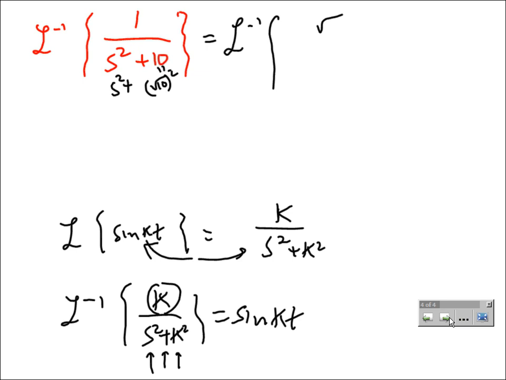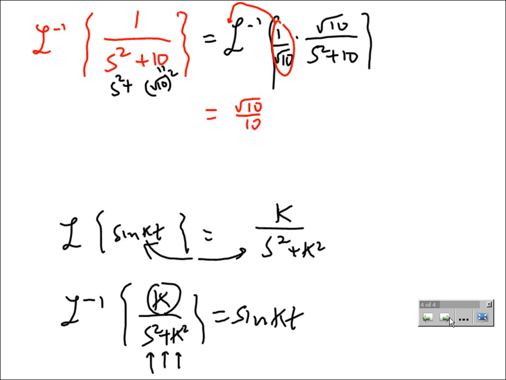I can put the k on top, the square root of 10. But to justify it, I have to multiply by 1 over square root of 10. Now, this 1 over square root of 10, I can bring in front, and it's the same as square root of 10 over 10.